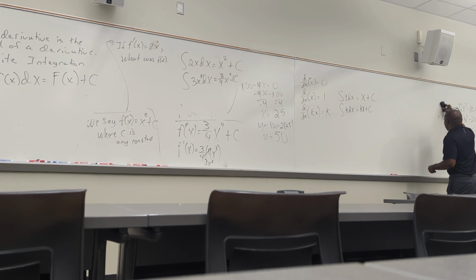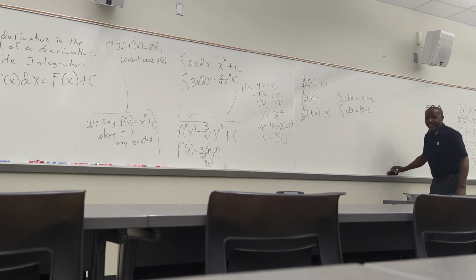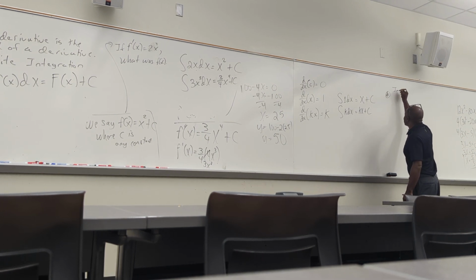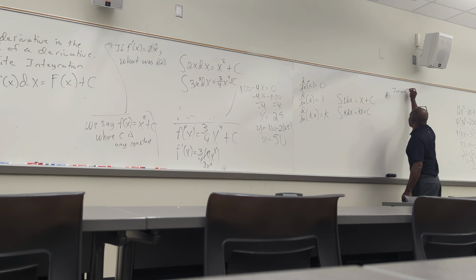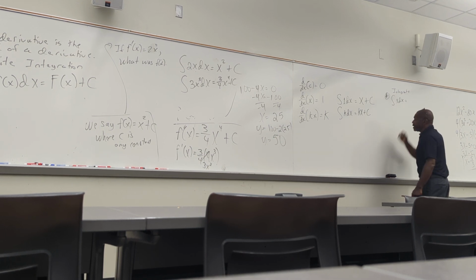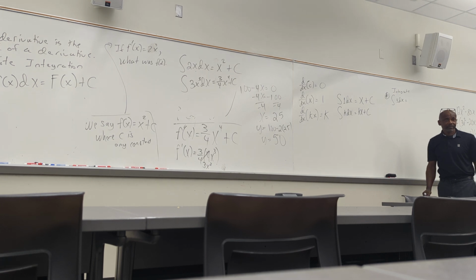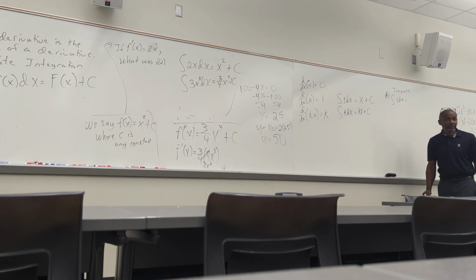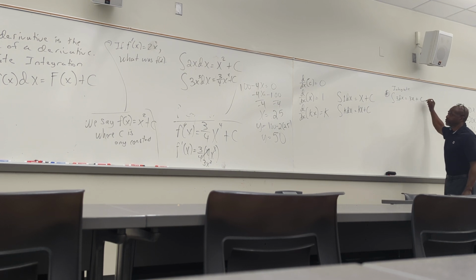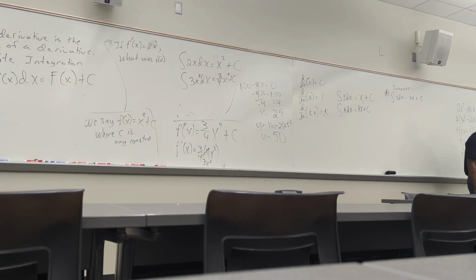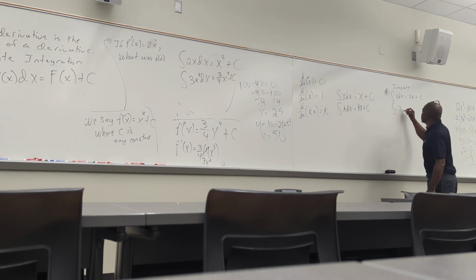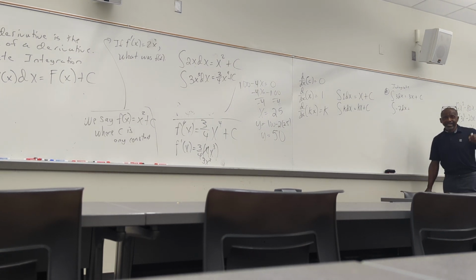On our next test, it's going to be just as easy. Number 1, it's going to say integrate, and problem number 1 says 3 dx. What's the answer? 3x plus C. Integrate negative 7 dx.